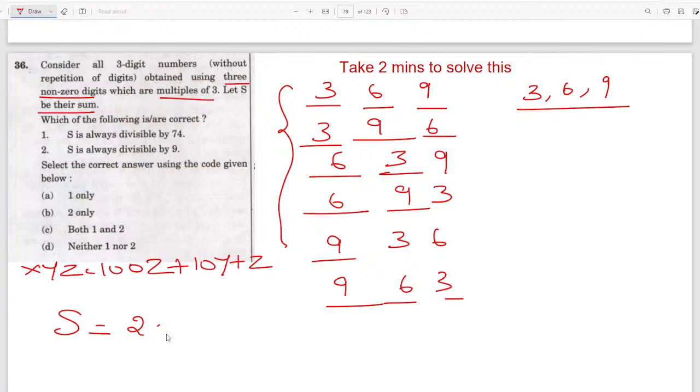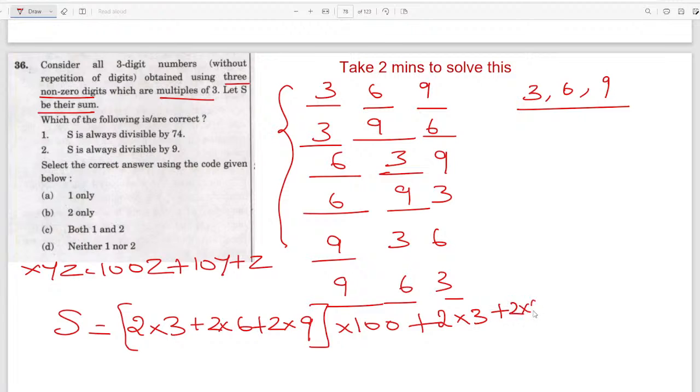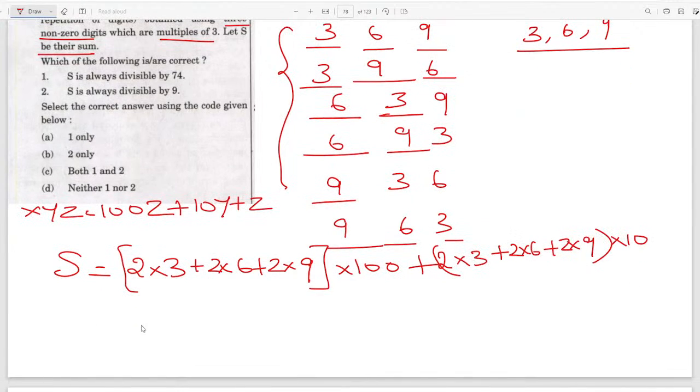So I'll write it as 2 into 3 plus 2 into 6 plus 2 into 9, into 100, plus again 2 into 3 plus 2 into 6 plus 2 into 9, into 10, plus the last digit, 2 into 3 plus 2 into 6 plus 2 into 9.